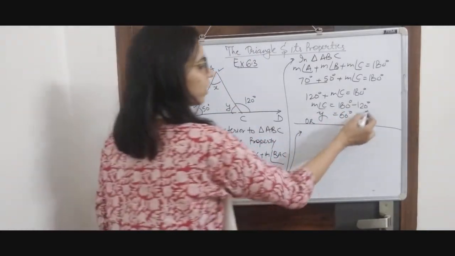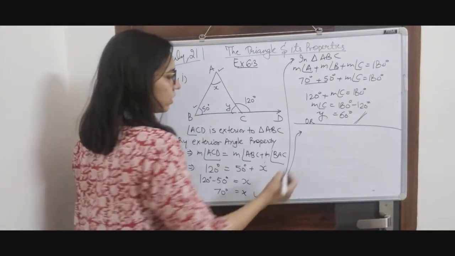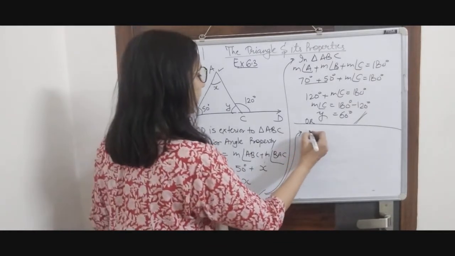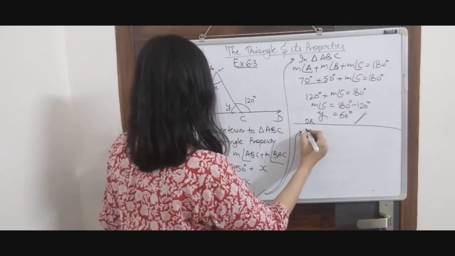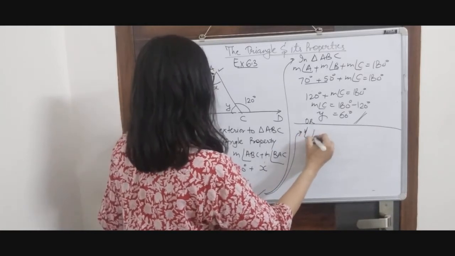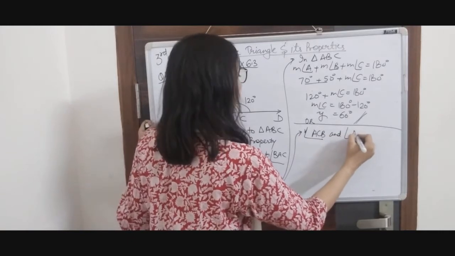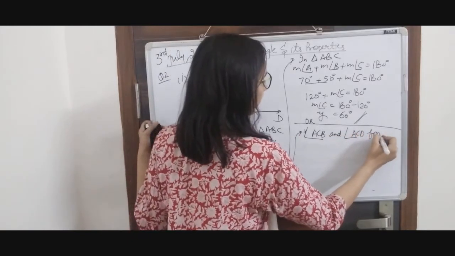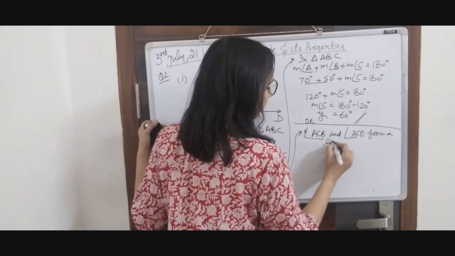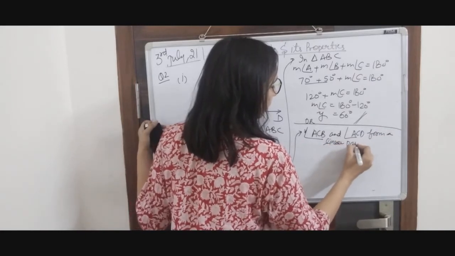This is one way. The second way is angle ACB and angle ACD form a linear pair. Okay, they are adjacent and supplementary.